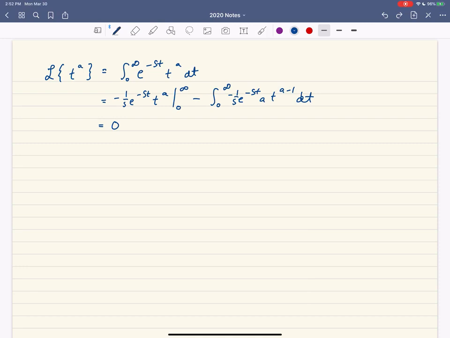So this is going to be minus 0. For now, let's say that a is positive. If a is 0, we know how to do those anyways. So this is really going to be most useful when a is positive.